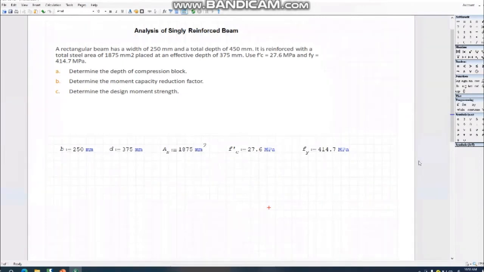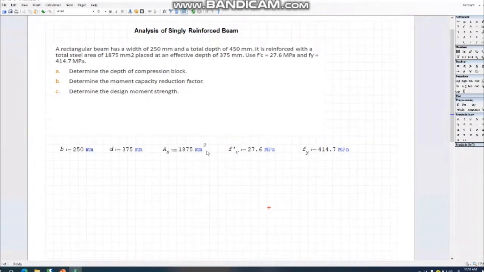Now, whether we use method 1 or method 2 will depend on the question. The first question is determine the depth of compression block. So which do we use, method 1 or method 2? In method 1, there is a step for determining the depth of compression block.